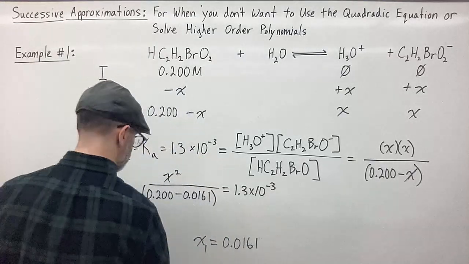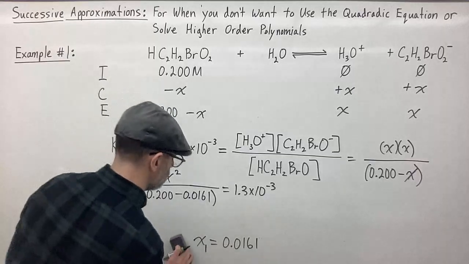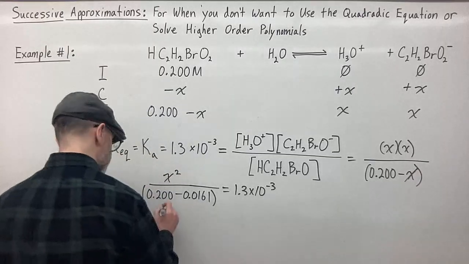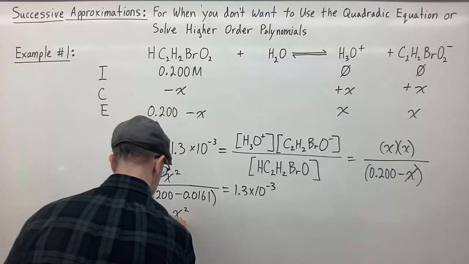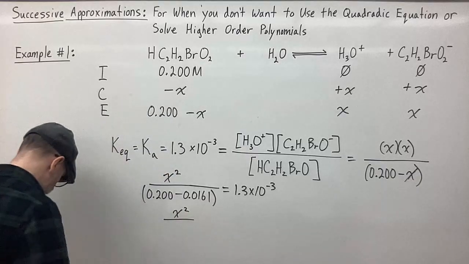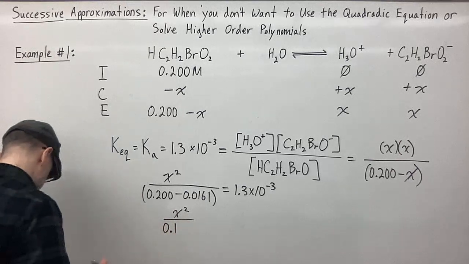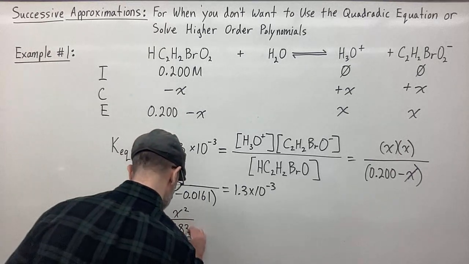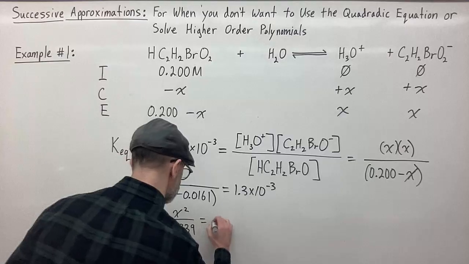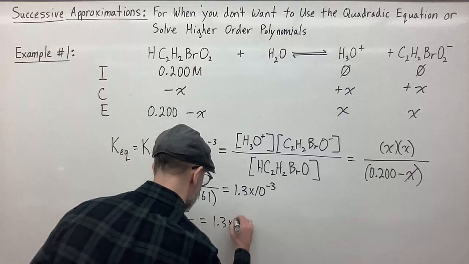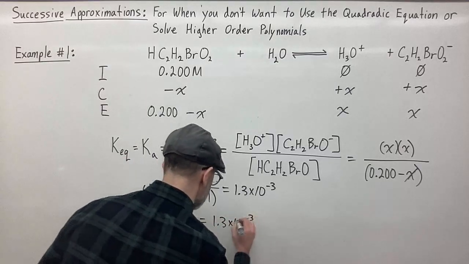So then, let me erase this, I don't need that anymore. So then this is x squared over 0.1839 equal to 1.3 times 10 to the negative 3.